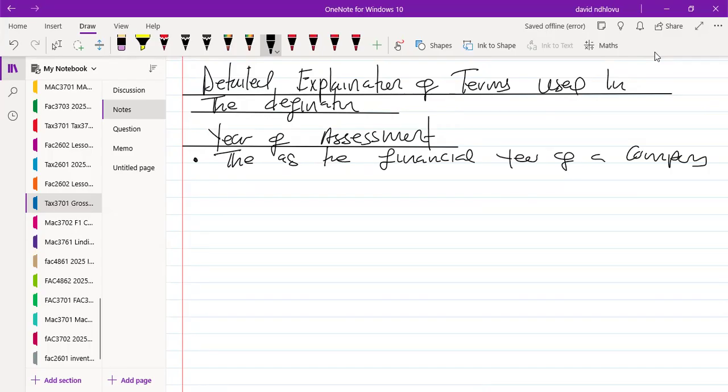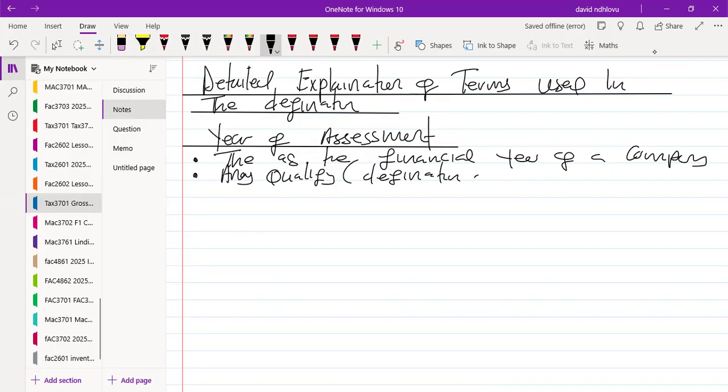So we then say any income, any qualifying income. Remember, income qualifies based on the what? Definition or specific inclusions.